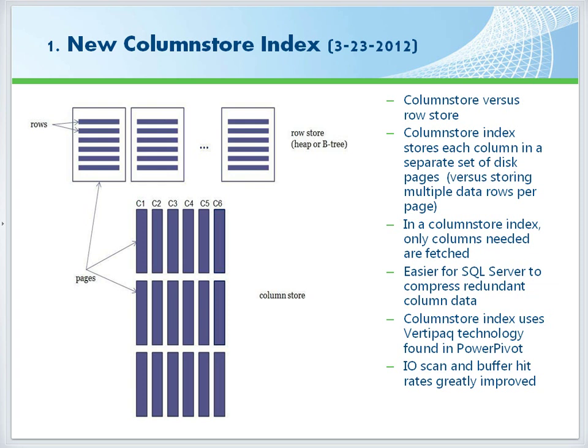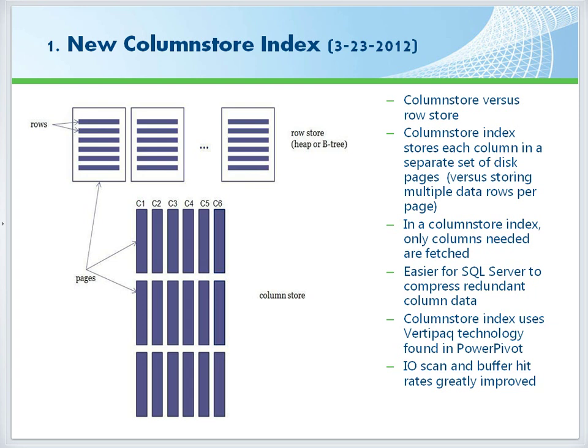And so Microsoft is actually using the VertiPaq technology that's found in PowerPivot, that's been around since Excel 2010 was released. It's utilizing that same technology under the hood to implement column store indexes. This is actually a pure column store data store, if you will.